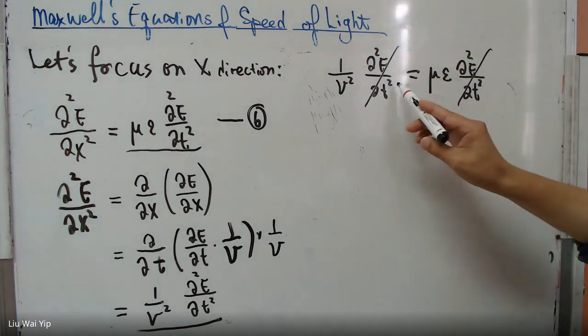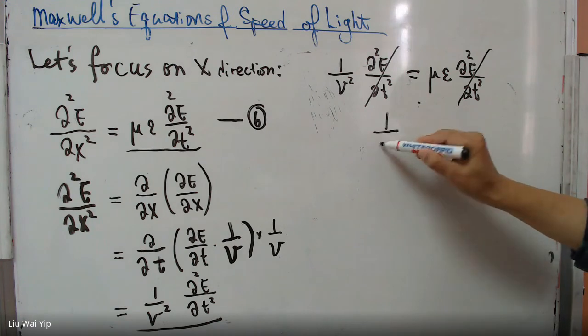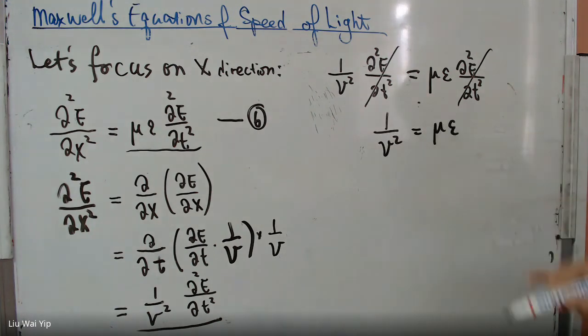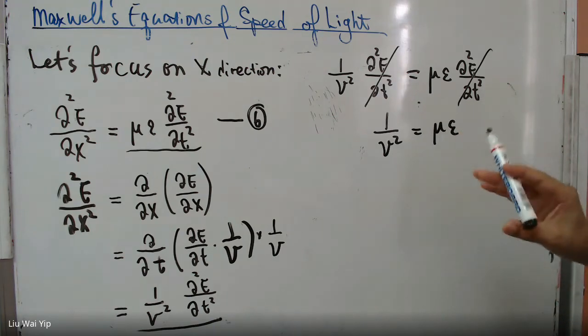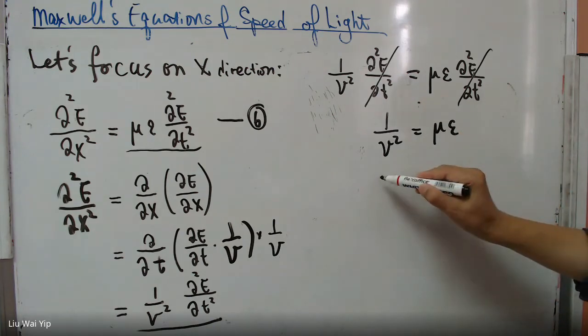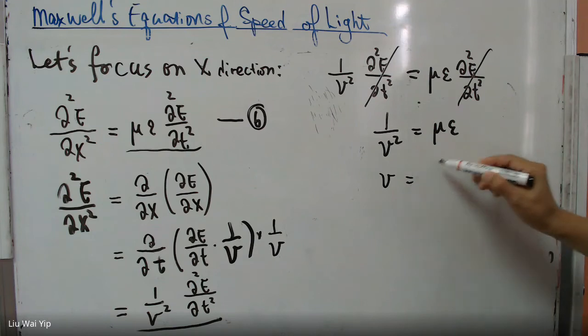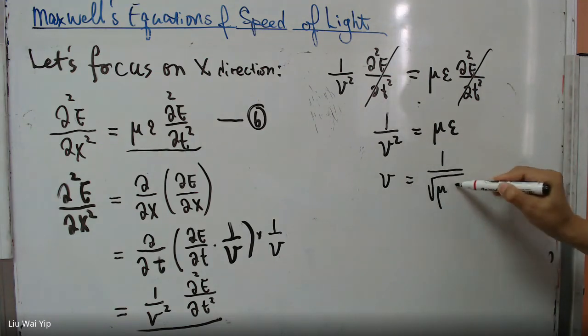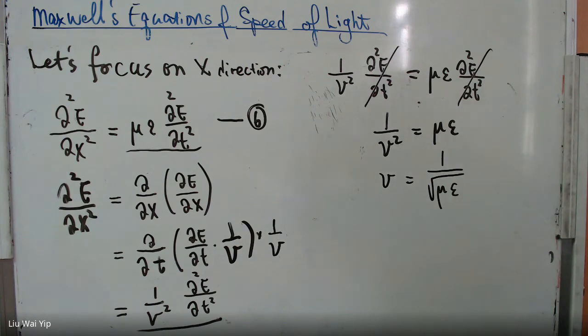So what we have left here is 1 over v squared equal to the product of mu epsilon. So in other words, the speed of light can be written as 1 over square root of mu epsilon.